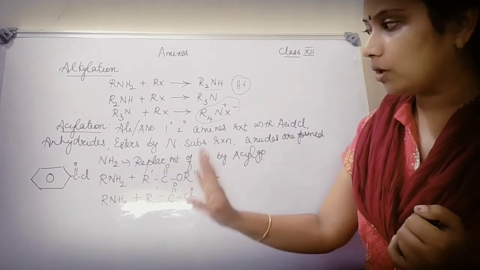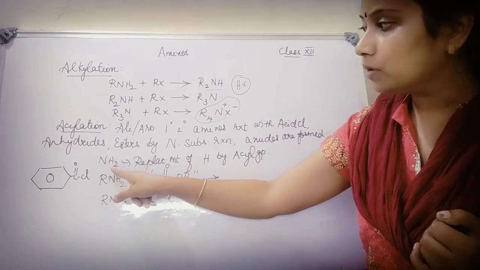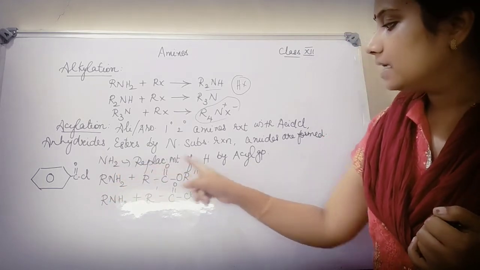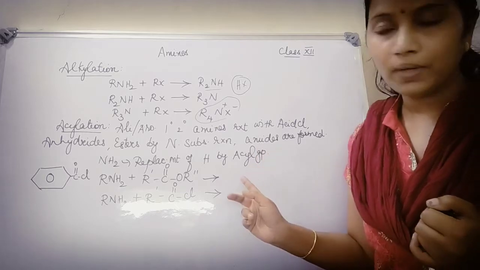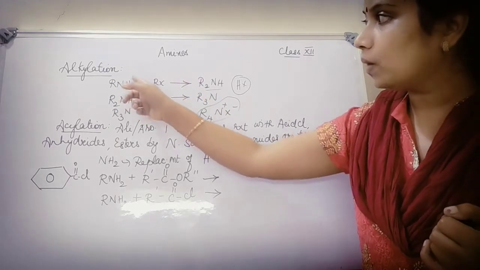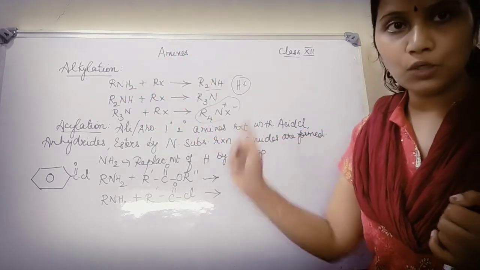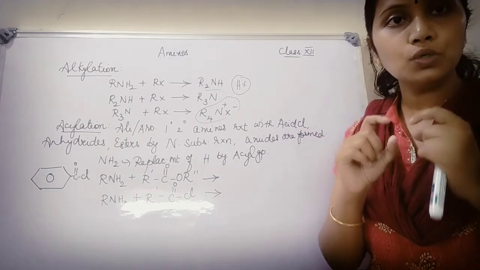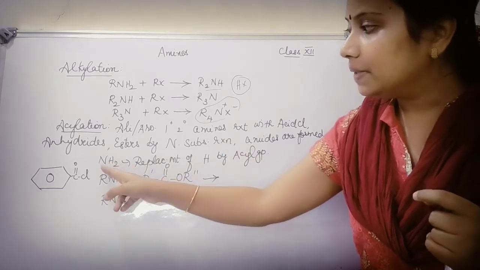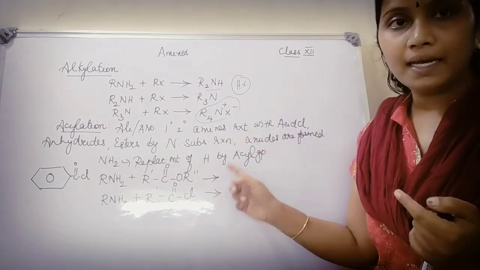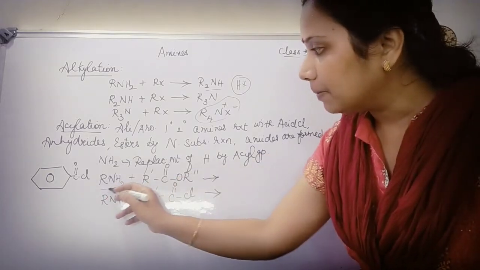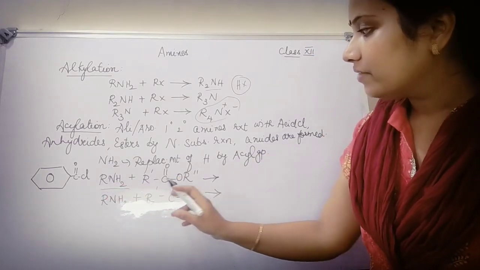So here also, from the NH2 group, one of the H is replaced by an acyl group. Like how we replaced one H from the amine with an alkyl group, similarly in acylation, one of the H of the amine is replaced by an acyl group. So how to write the reaction, children? I have amine plus I have ester.